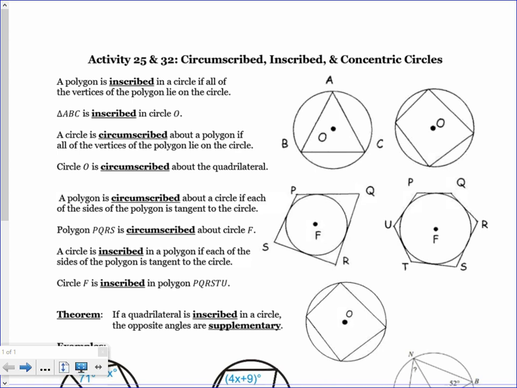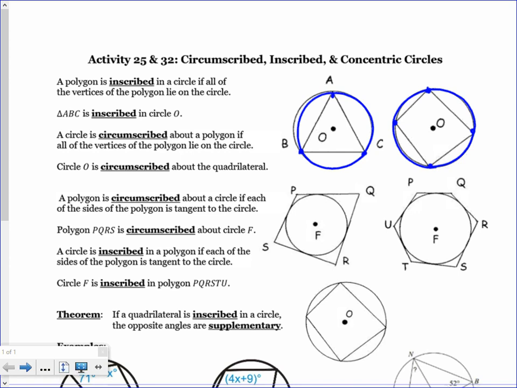So a circle is circumscribed about a polygon if all of the vertices of the polygon lie on the circle. So this circle has the vertices from that polygon, that triangle, on it. So we can call this circle a circumscribed circle. Same thing over here. All of the vertices of this polygon are on the circle. So this figure is a circumscribed circle.